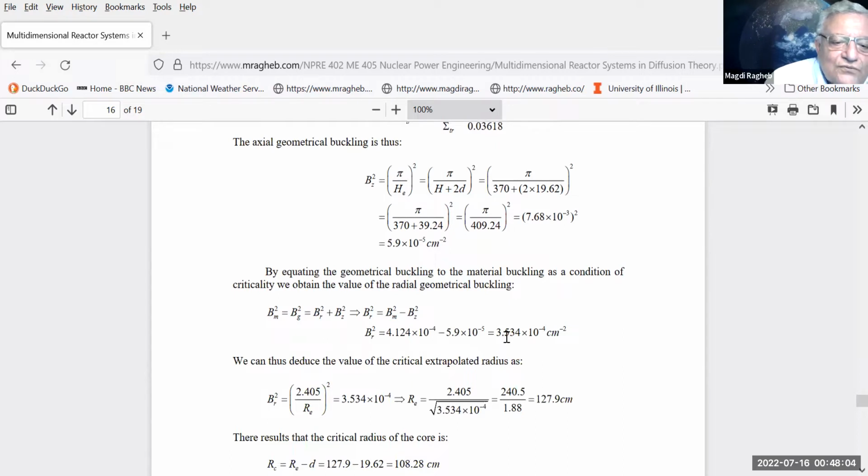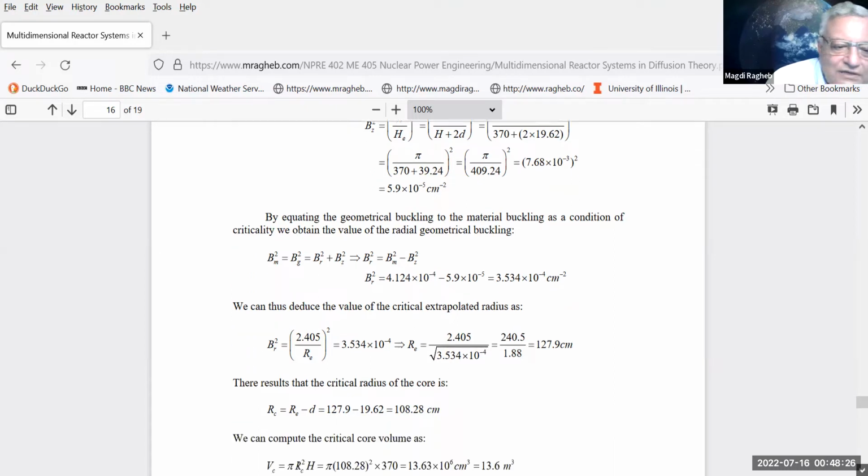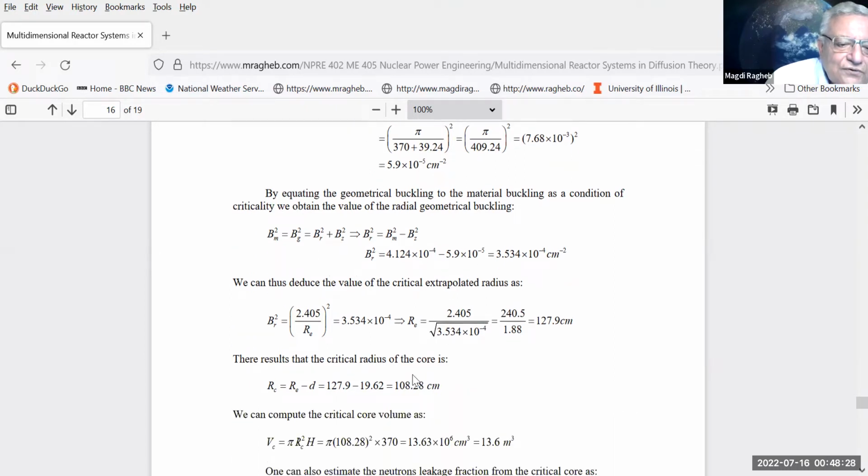And in that case, we know from what we did earlier that that should be equal to 2.405 over the extrapolated radius squared, which gives me an extrapolated radius of 127 centimeters.